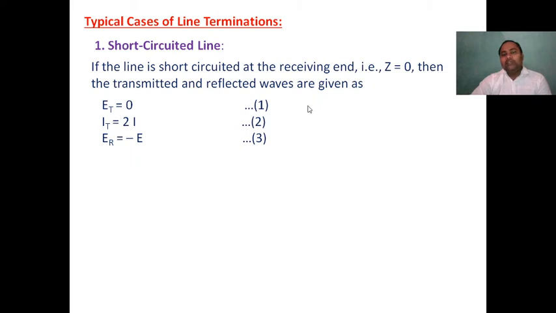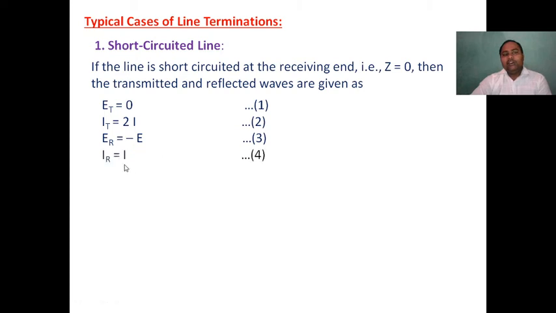The entire voltage is reflected back from the receiving end to the sending end. When the wave is reflected back, it has a negative sign, which we call minus E. The reflected voltage is equal to minus E in a short circuit line.